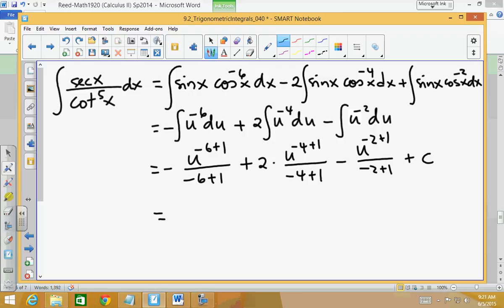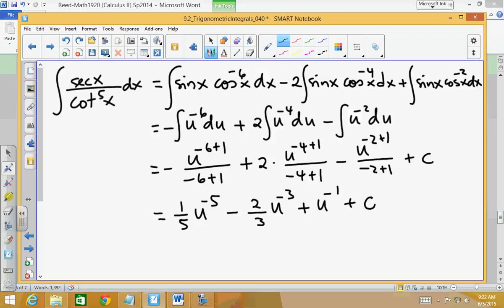Simplifying and replacing u with cosine x, we get negative 1 times negative 1 over 5 u to the negative 5, minus 2 over 3 u to the negative 3, plus u to the negative 1, plus a constant.